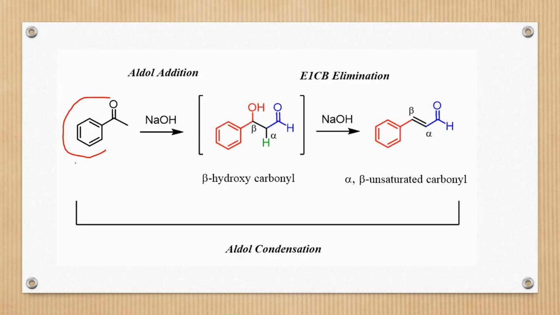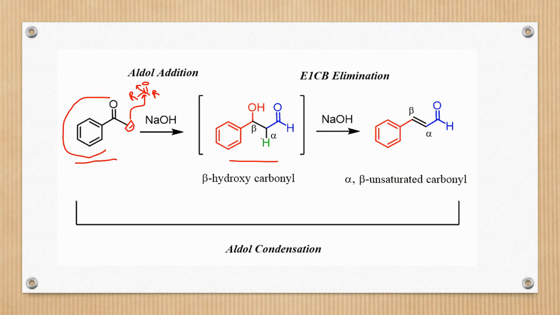If this is the acetophenone moiety, and this is also R and this is also R. If this is a ketone, then what will happen? This negative charge will go to the carbonyl carbon, and this is how you will get this beta hydroxycarbonyl, right?